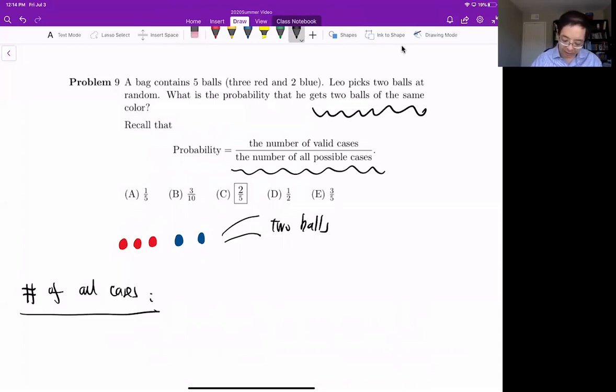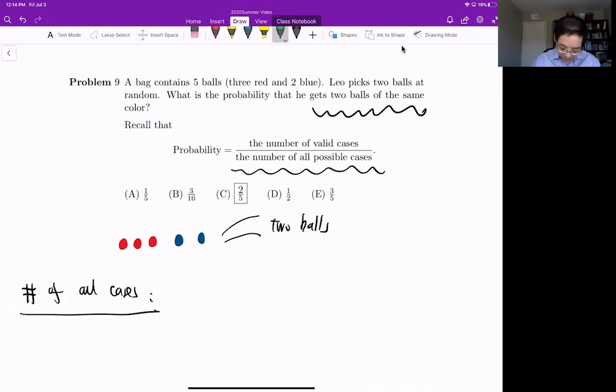You have 5 balls and you choose 2, so how many different combinations do we have? Later, if you get deeper into counting problems, you will learn about combinations, an efficient way to calculate that. But for here, let's not worry about those advanced tools. We just count by hand, which is kind of primitive, but it's enough for our purpose.